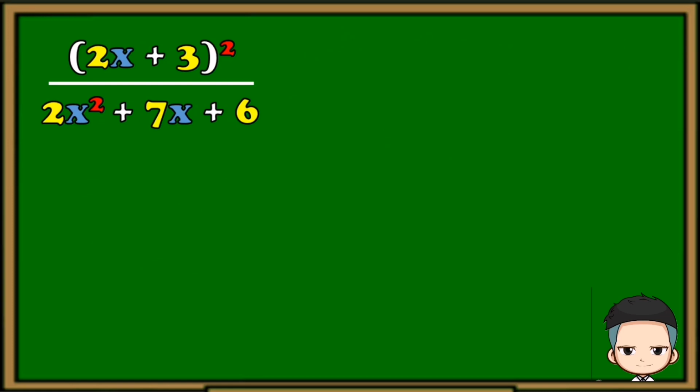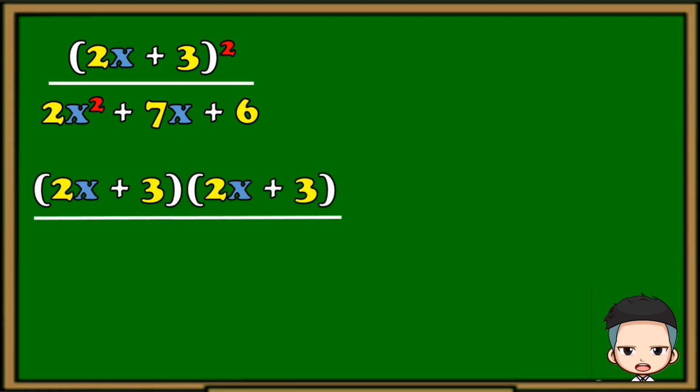Another example, the quantity of 2x plus 3 squared over 2x squared plus 7x plus 6. For the numerator here, we're just going to expand the quantity of 2x plus 3 squared. And the denominator is an example of general trinomial.